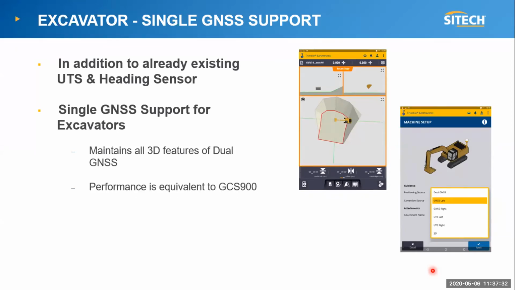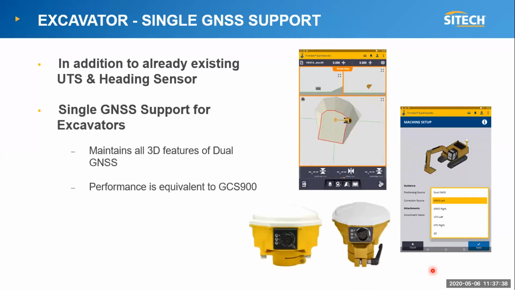The huge benefit for us is that you can use both the receiver types. You can use EMS 992s and 995s, and also 972, 975s. In other words, you can take a receiver from a dozer, put it onto your excavator, and you have portability of your system, and you can go ahead and make use of that.